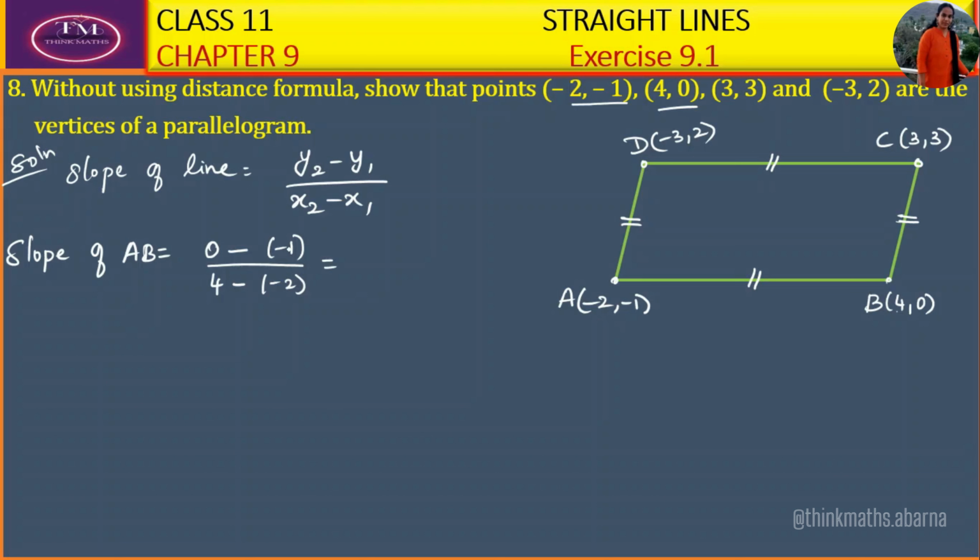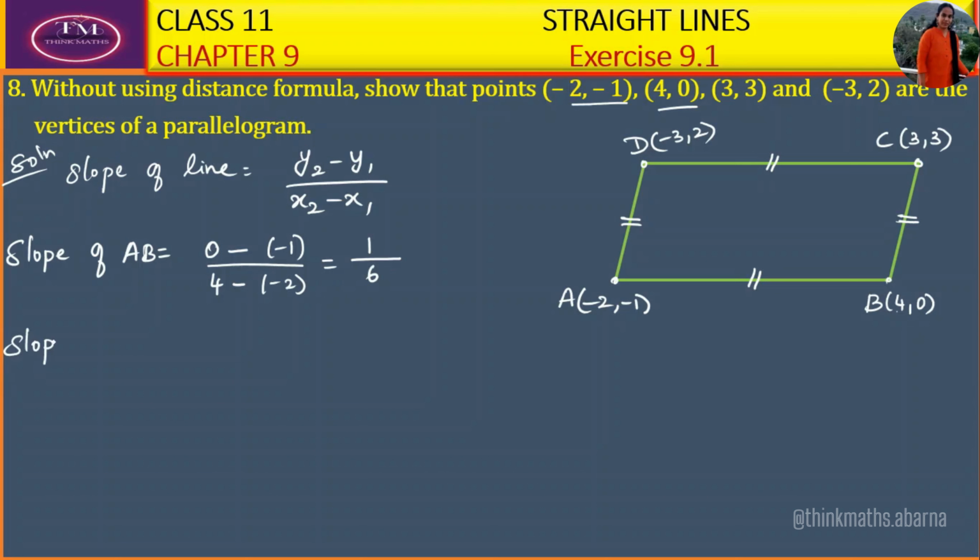So 0 minus into minus is plus, so 0 plus 1 is 1. 4 plus 2, because minus into minus is plus, is 6. So we will have 1 by 6.